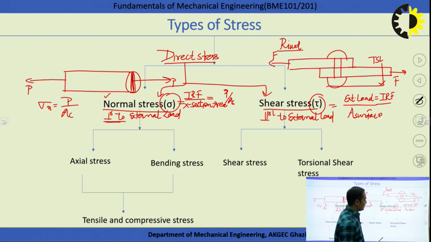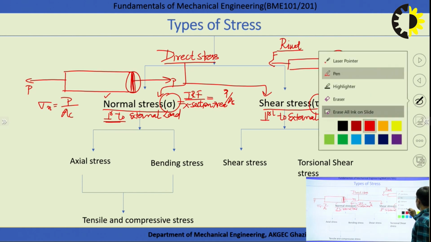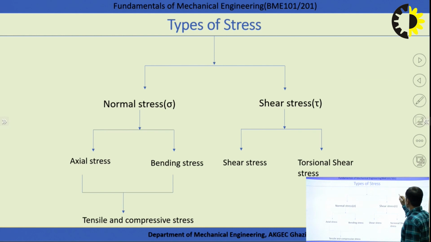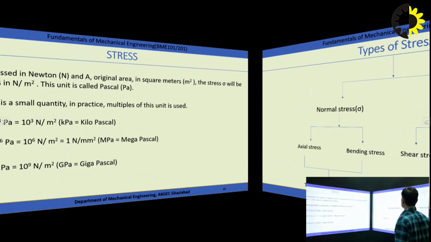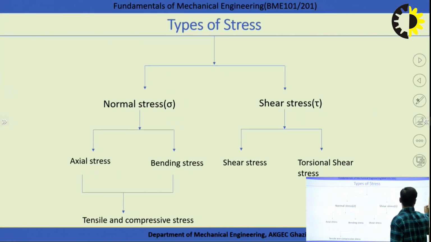So another example we can consider of shear stress, because shear stress is very important and also sometimes very confusing. If we consider an example of a punch and die, I have to consider a pen. Okay.